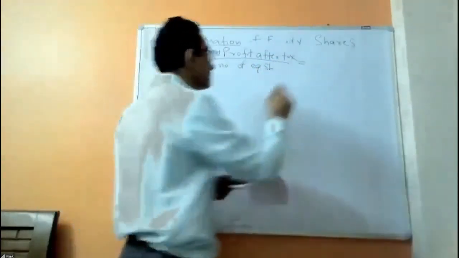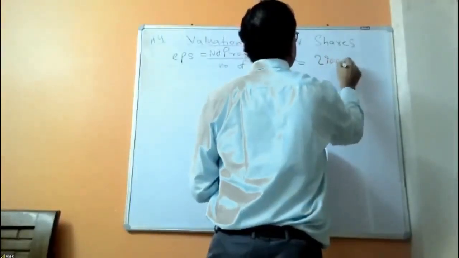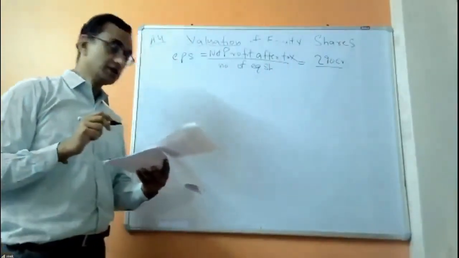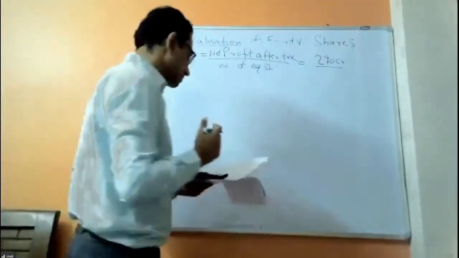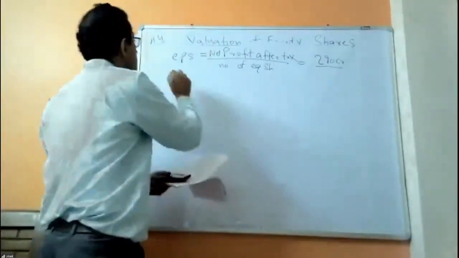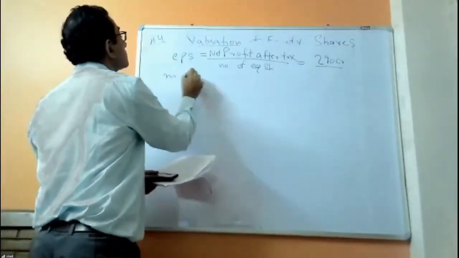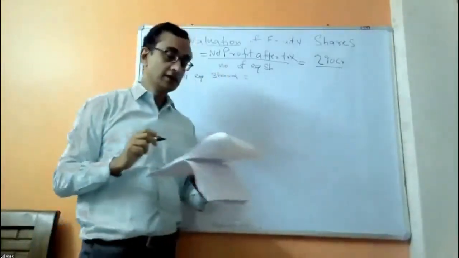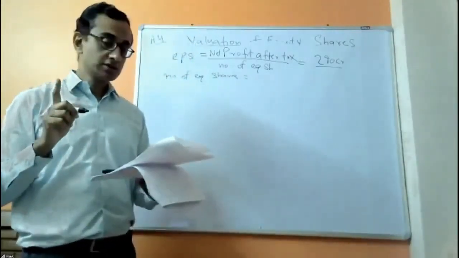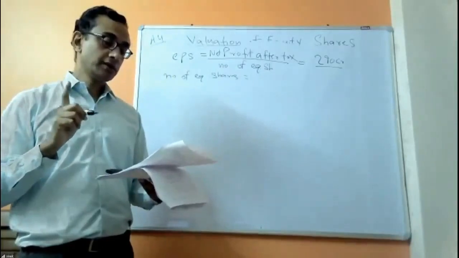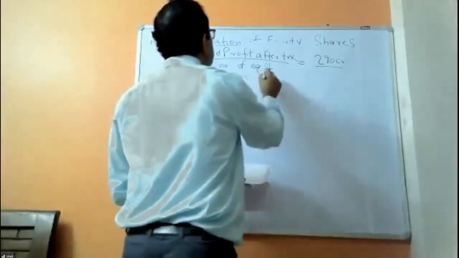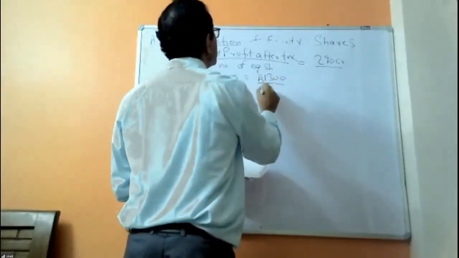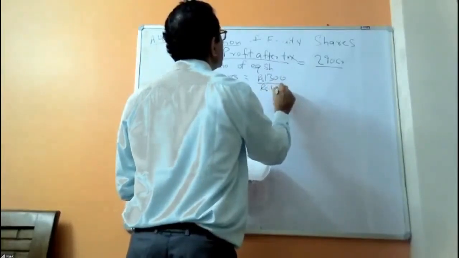The net profit figure is given, rupees 290 crore, and the number of equity shares is not given. You have to calculate it on the basis of the figures which are given. So the number of equity shares will be the total equity capital, which is 1,300, divided by the par value, that is rupees 40 per share.